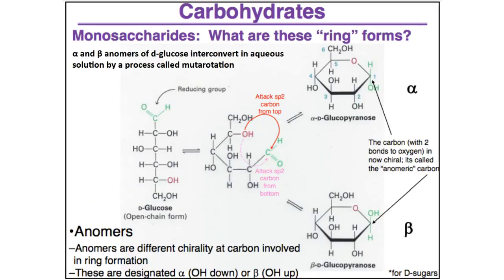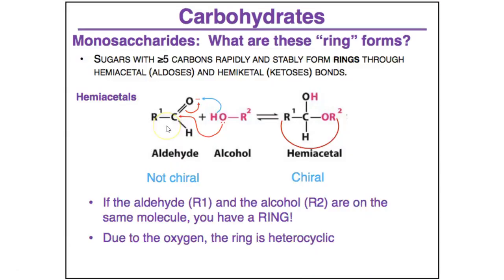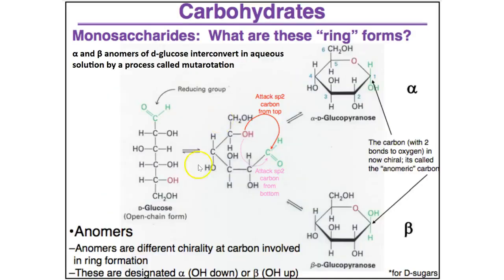And so when you have this 5 or more carbon chain, with an alcohol group within the same carbohydrate as the aldehyde, these two can have a reaction that is very similar to the alcohol and aldehyde that were two separate compounds. But now imagine this being part of the same chain. And so now that is how a ring can actually be formed.